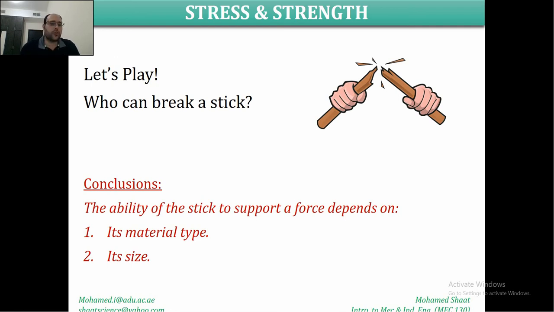Also, it is important to know how we can extract some of the mechanical properties that we are going to use as mechanical design engineers. And this is the objective of today's video: to discuss the tensile test, how we can do it, and what are some of the common mechanical properties that we are interested in as mechanical design engineers. Also, what are the different types of materials.